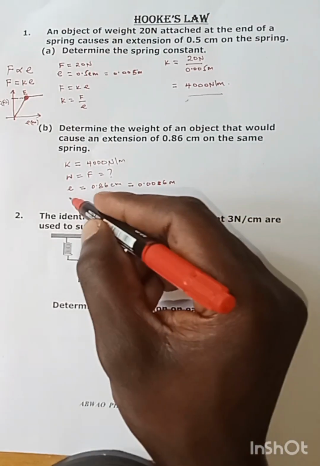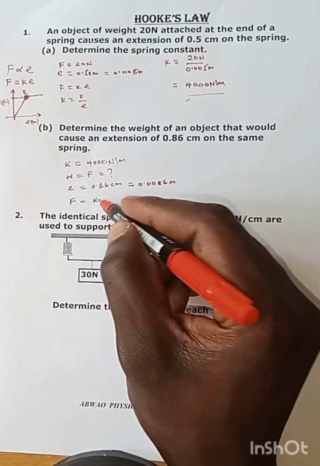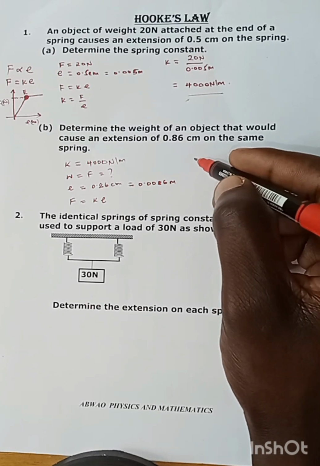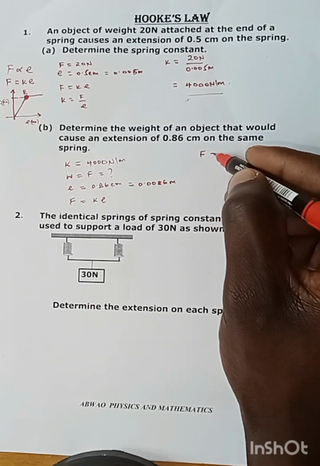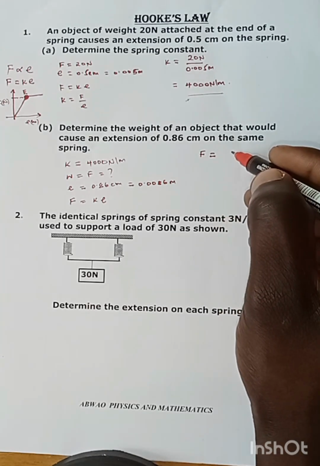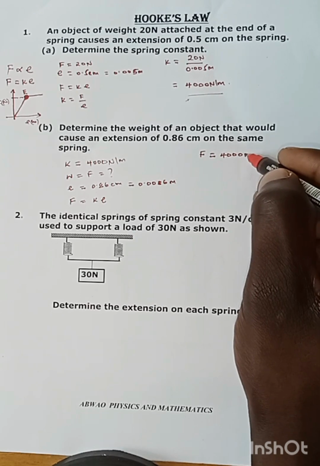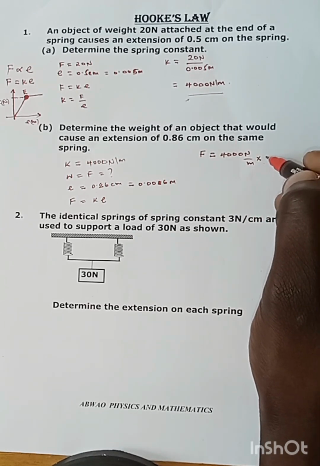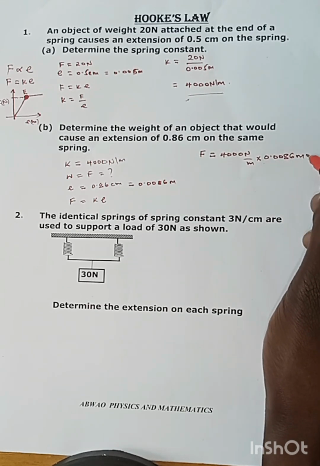From here now we say, from Hooke's law, force is equal to spring constant times the extension, and therefore the weight, which is the force we are looking for, should be equal to our spring constant, that is 4,000 Newton per meter, multiplied by the extension, which is 0.0086 meters.